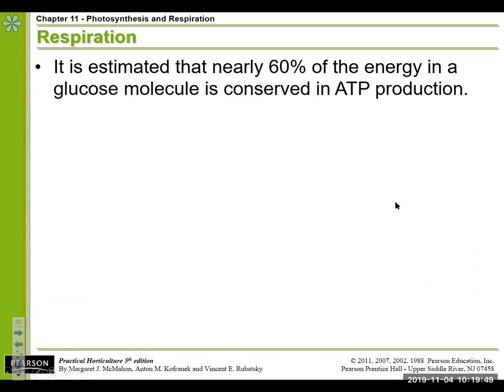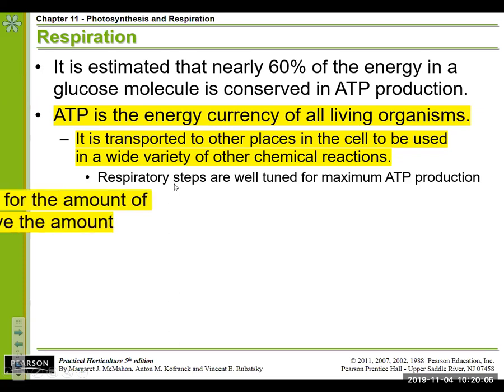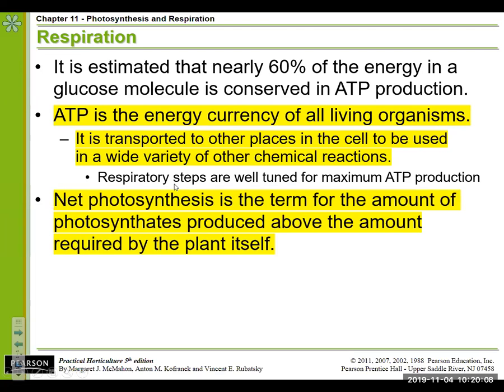They say that nearly 60% of the energy in a glucose molecule is conserved in the production of ATP, which again is that energy currency of all living things, not just plants, being transported to other places in the cell, used for a wide variety of other chemical reactions, making new tissues, making sugars, making seeds.